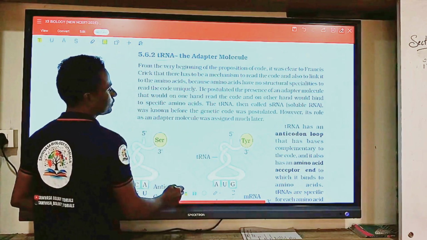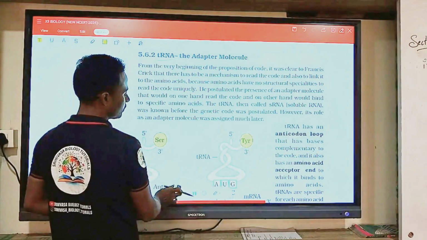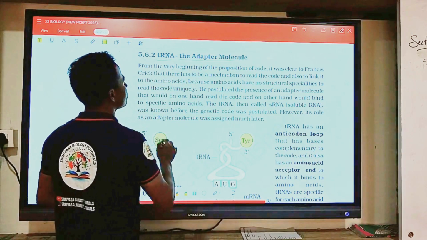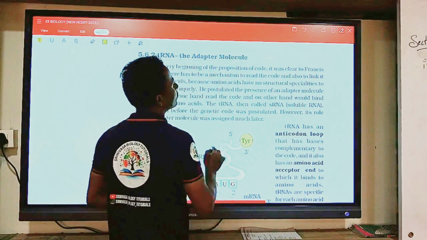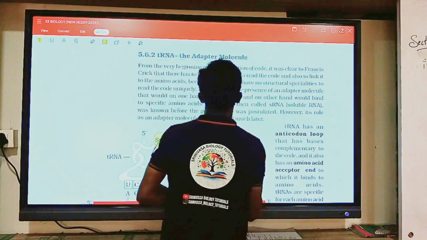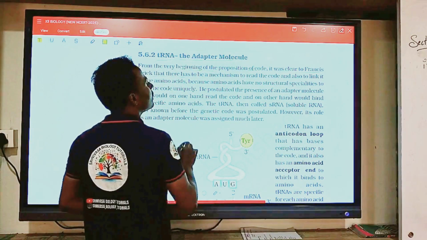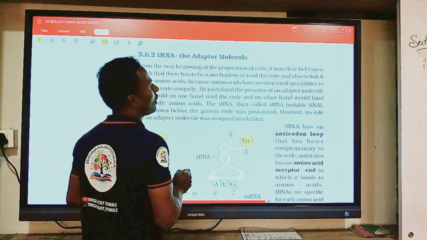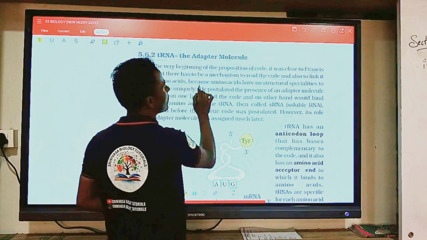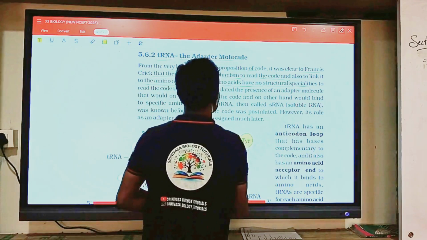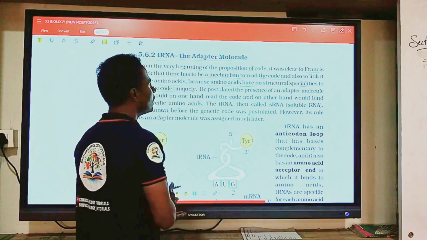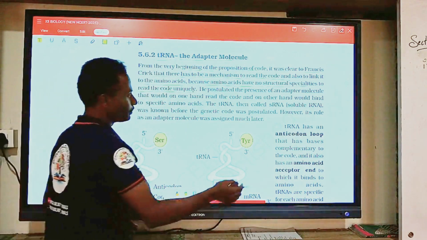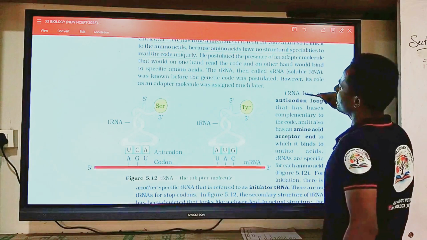Okay, let's discuss tRNA, the adapter molecule. From the very beginning of the proposal of the codon, it was clear to Francis Crick that there had to be a mechanism to read the codons and also link the amino acids, because amino acids have no structural specialization to read the code uniquely. Here is a part of the mRNA strand.